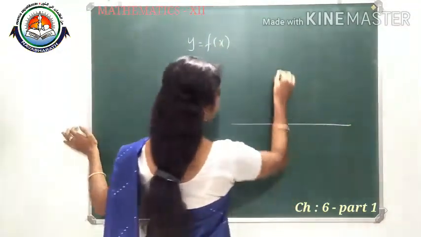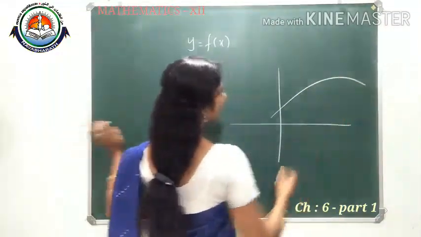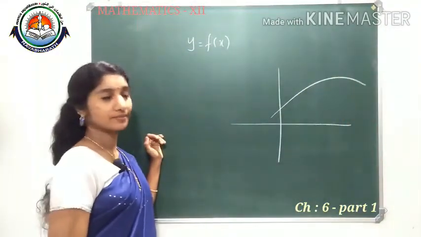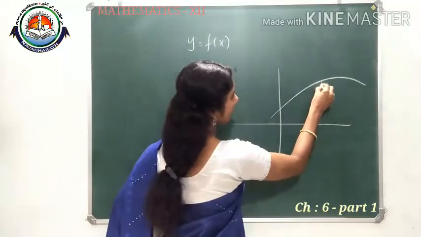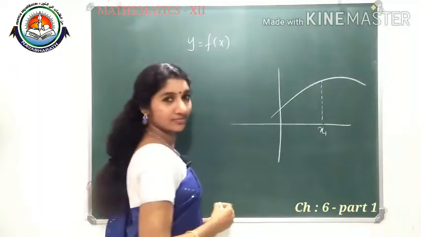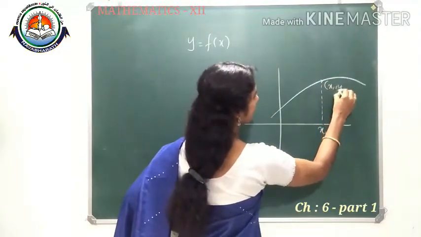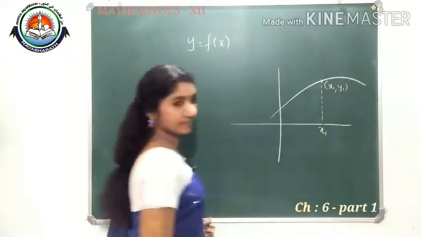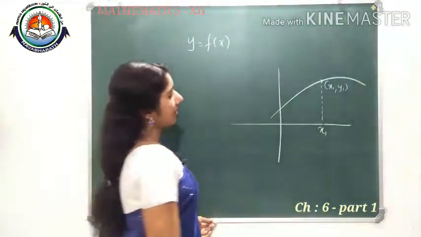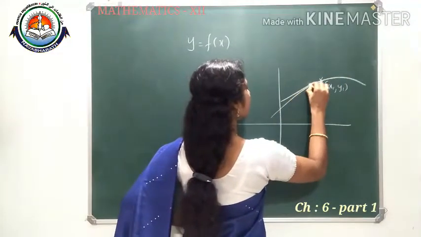We have one function, y equal to f of x, and one point x1, y1 on it.